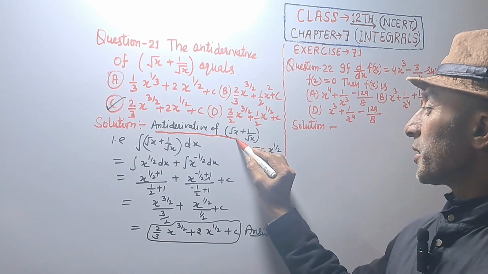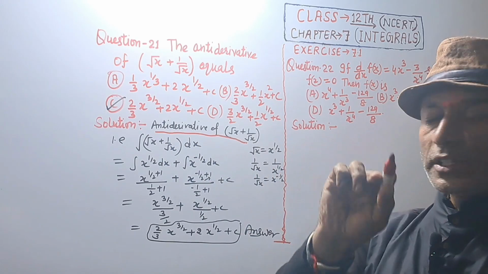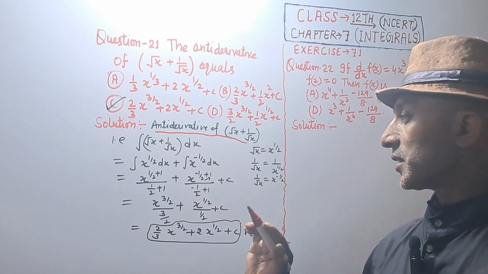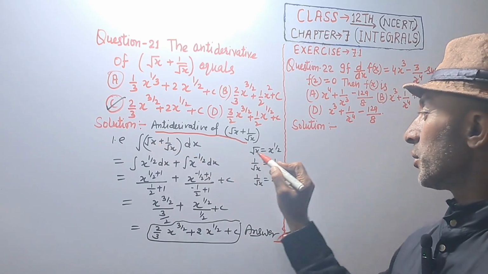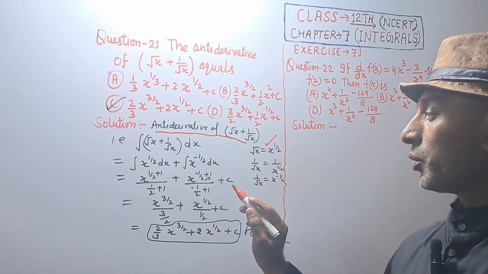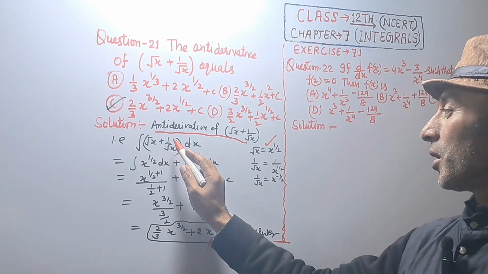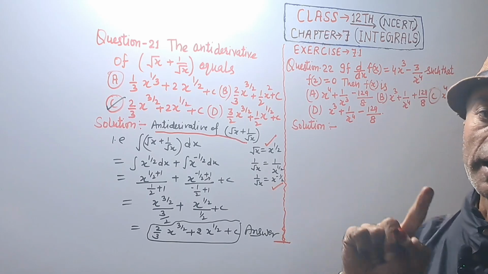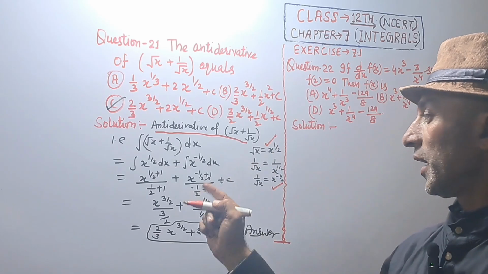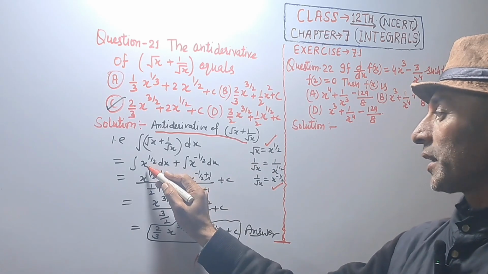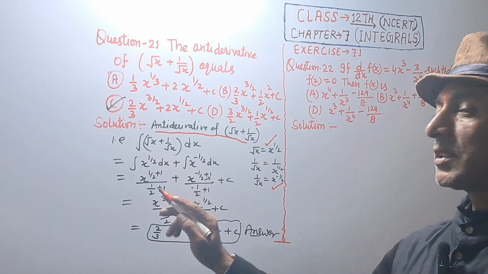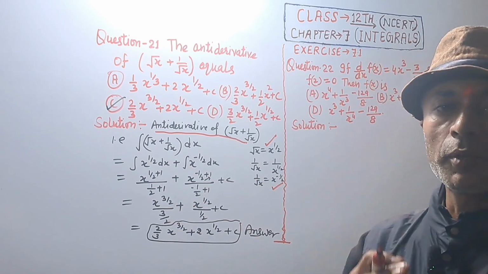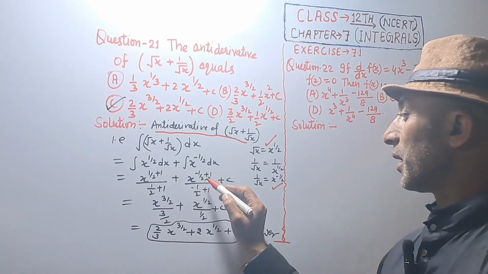Antiderivative of root x plus 1 upon root x is integration of root x plus 1 upon root x dx. Root x equal to x raised to power 1 upon 2, and 1 upon root x equal to x raised to power minus 1 upon 2. Integration of x raised to power 1 upon 2 dx is x raised to power 1 upon 2 plus 1 upon 1 upon 2 plus 1.